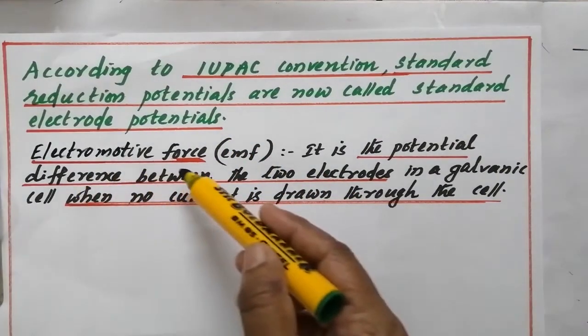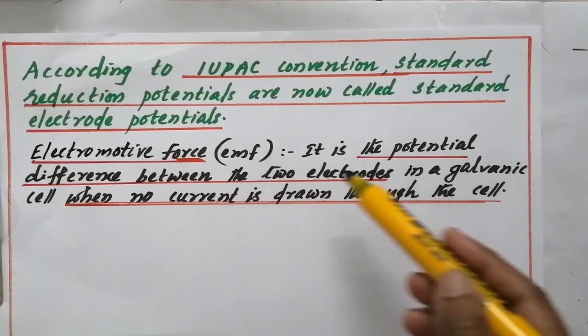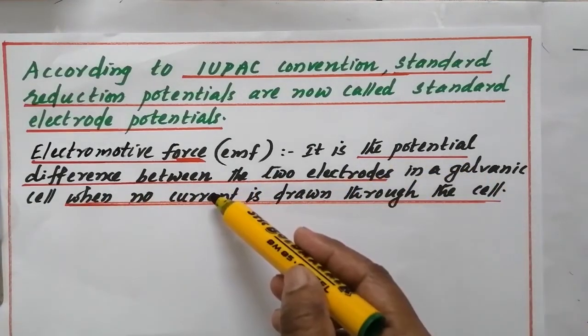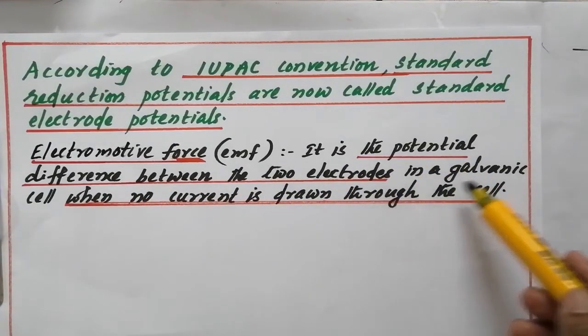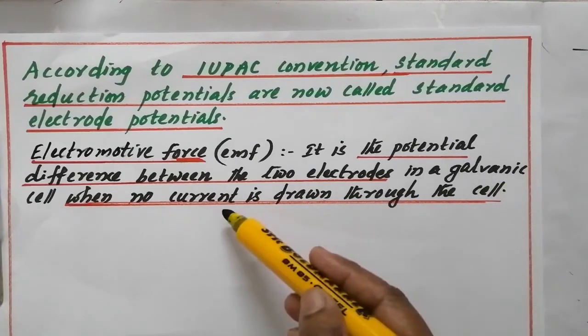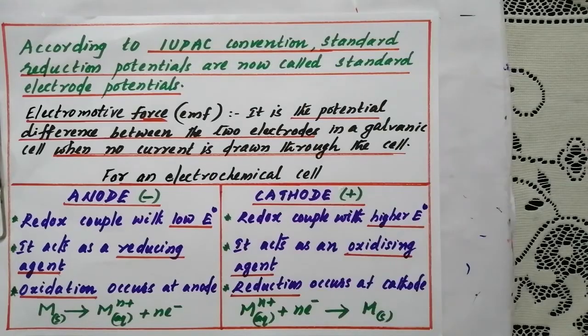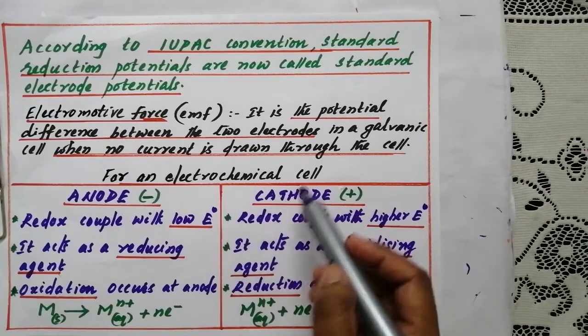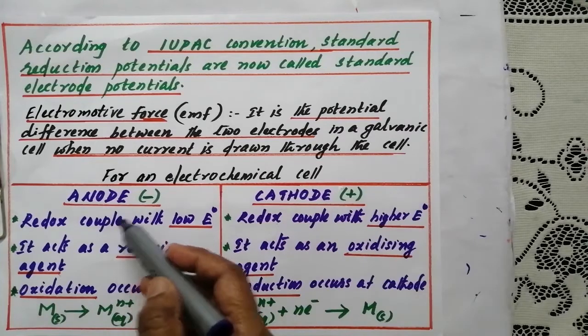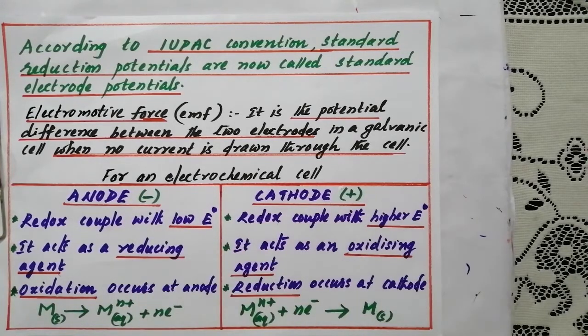Next is electromotive force, EMF. It is the potential difference between the two electrodes in a galvanic cell when no current is drawn through the cell. For an electrochemical cell, the anode is having negative charge.